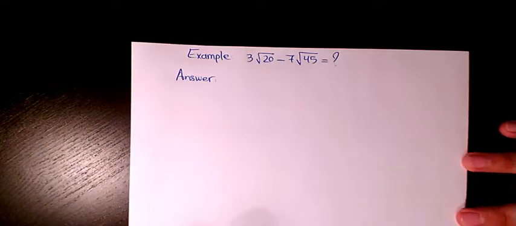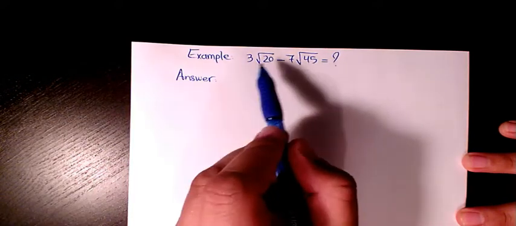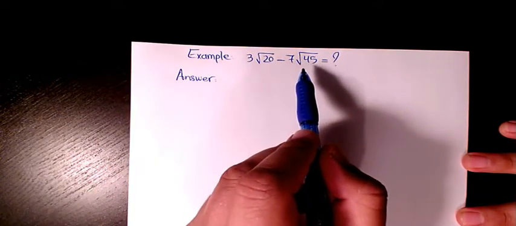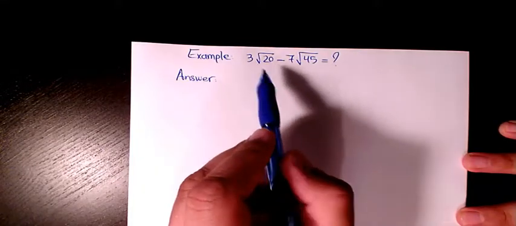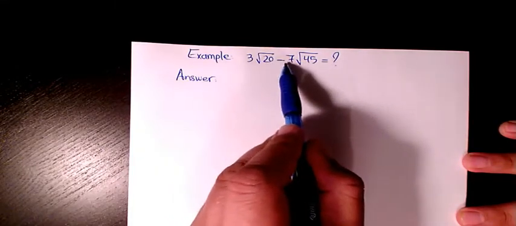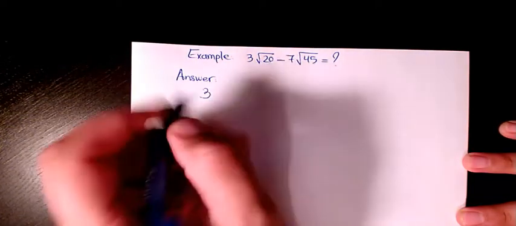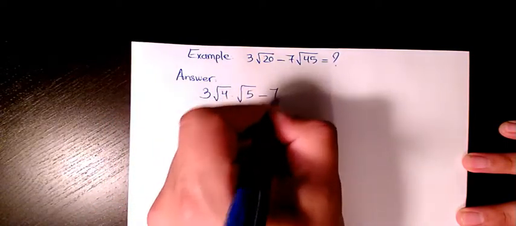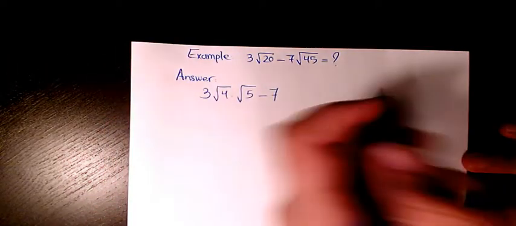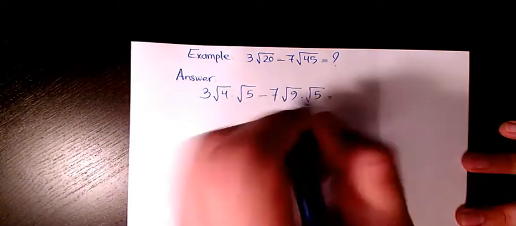Welcome to my channel. In this video I want to show you how to simplify square roots, and basically it is add and subtract square roots that need simplification. For example, here we have 3 root 20 minus 7 root 45. So 3 and 20 is square root of 4 times square root of 5 minus 7. 45 is 9 times 5, so square root of 9 times square root of 5.